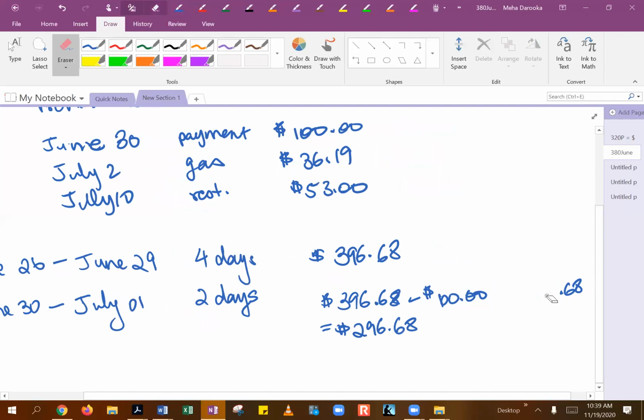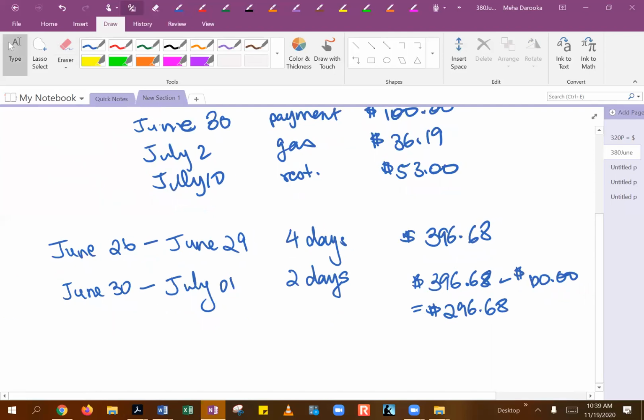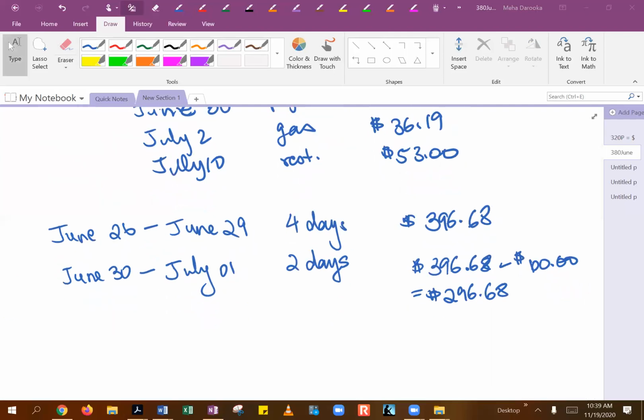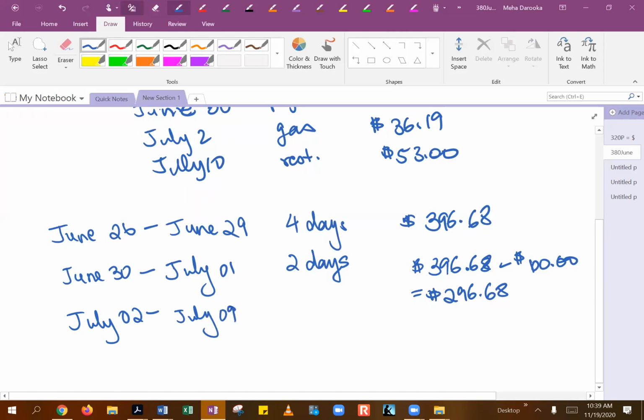$296.68. Out of the way. And then our very last charge happens on July 10th. So that means starting on July 2nd is where we purchase gas. And since July 10th is the next date, that means this one is going to July 9th, again, the day before.